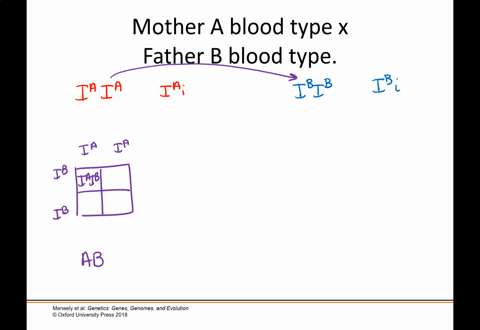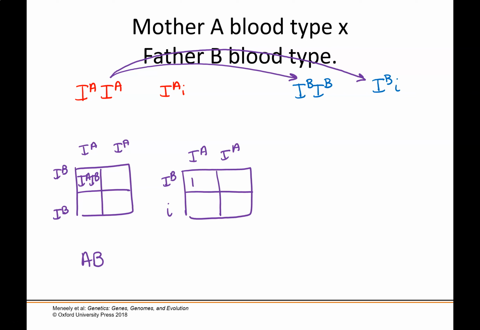We can cross the homozygous with the heterozygous B, in which case we will get AB or A. Those are our options. So we can get AB or A here.